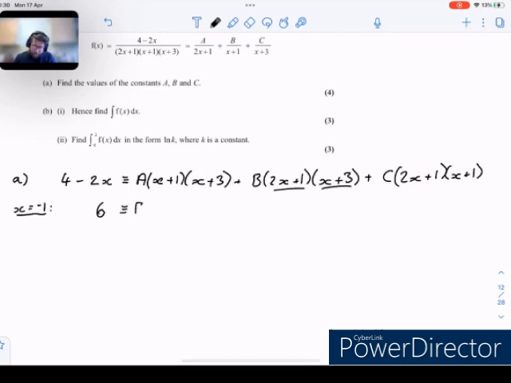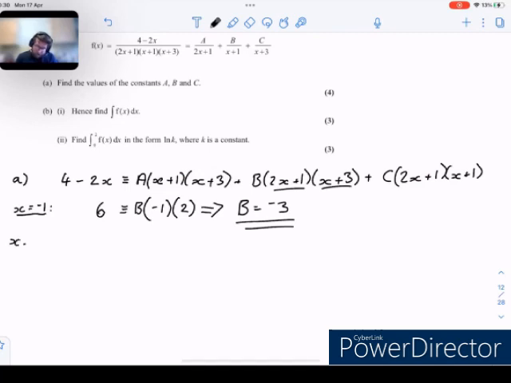So this becomes B times (minus 1 times 2 plus 1, which is minus 1), and then minus 1 plus 3 is 2. So minus 2B equals 6. So B equals minus 3.